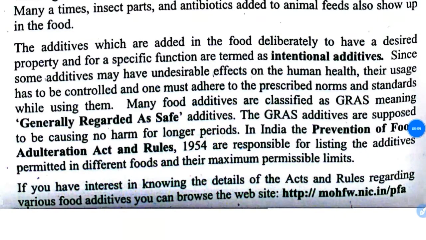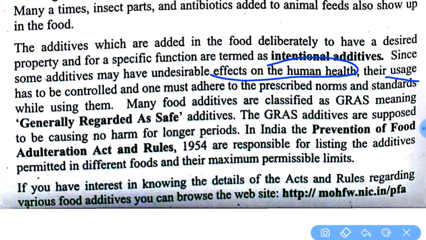Then there are intentional additives, which are added to food knowingly to enhance the quality of the food, and these additives may cause some undesirable effect on human health. That's why their use is controlled by different government agencies, and the person using food additives must adhere to the prescribed norms and standards.